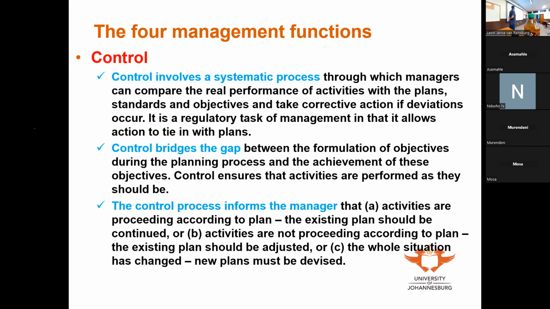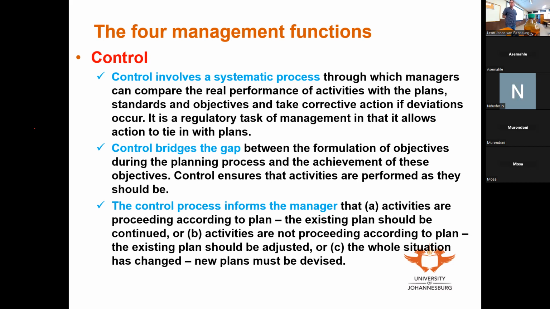But control involves a systematic process through which managers can compare the real performance of activities against your plans, your standards, and even your objectives. Remember, our plans are based on those standards and objectives. We then take corrective action if they deviate.